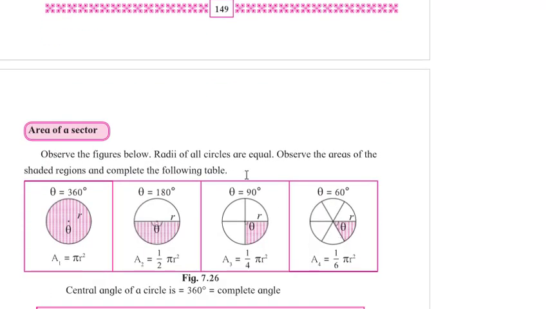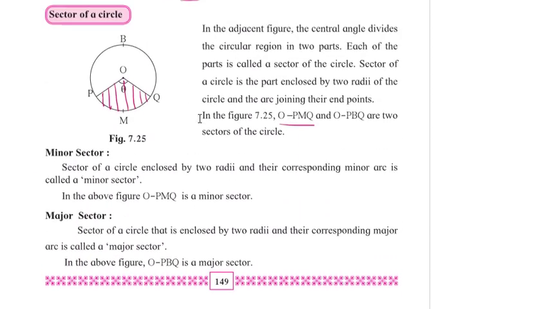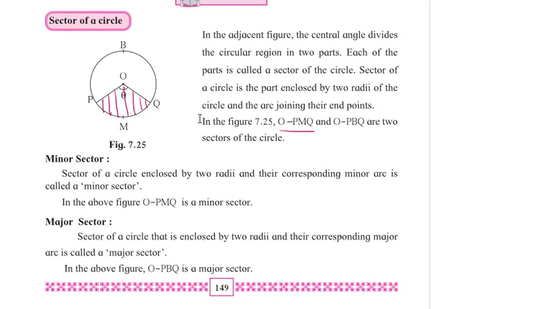Now let us discuss how we find the area of a sector. When the angle at the center made by the sector is 360 degrees, we get the complete circle. You can see the shading is the complete circle and its area is pi r square. Now the area is pi r square when the angle at the center is 360 degrees. In the figure above, this angle is theta and it corresponds to this sector.